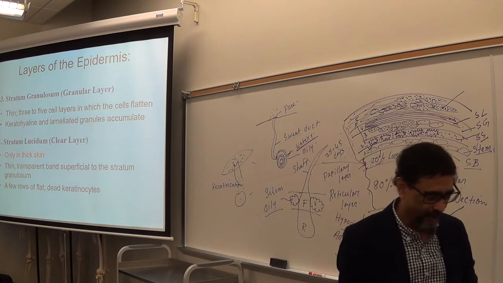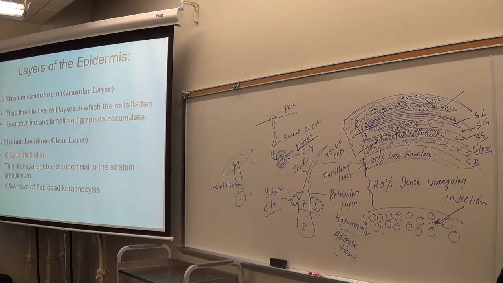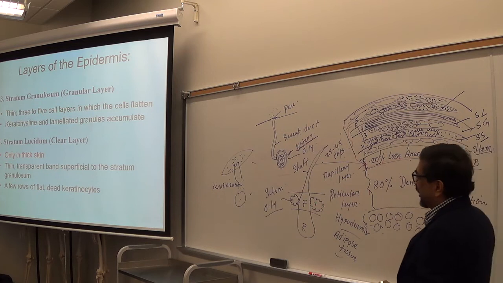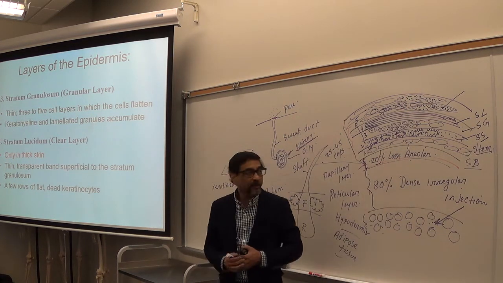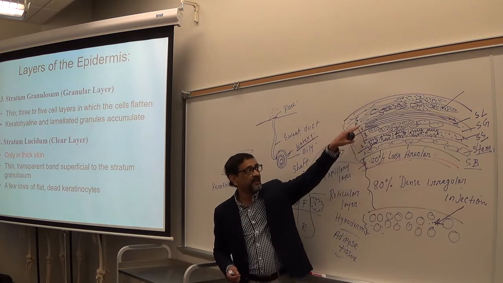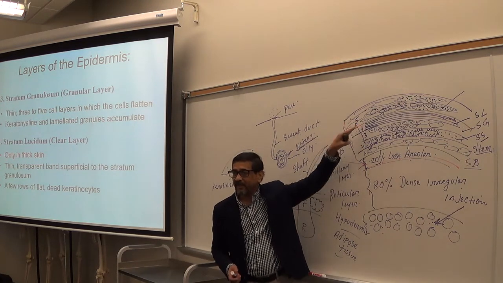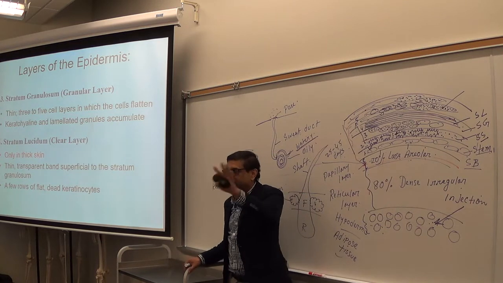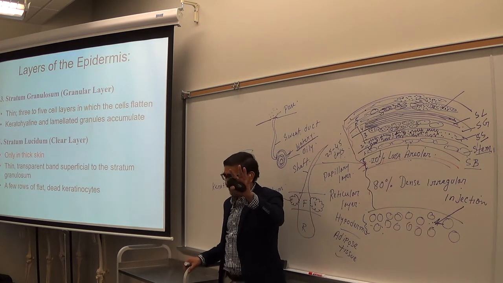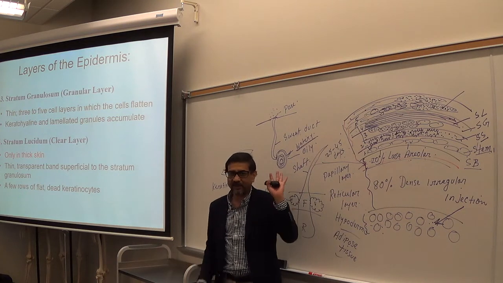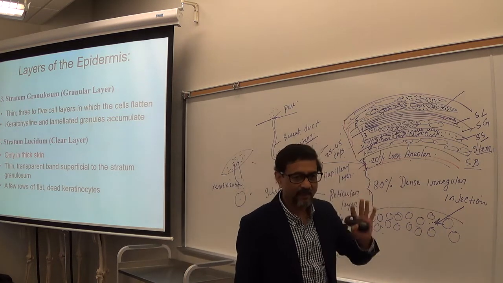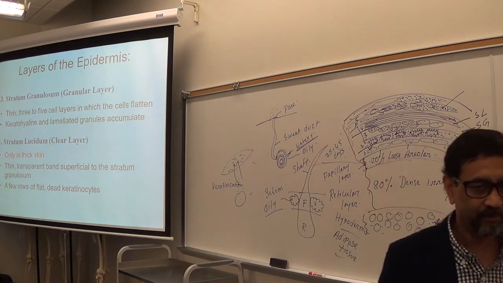Okay, transparent. Lucidum. Only present in thick skin. But remember, although this layer is only present in thick skin, absent in thin skin, the thickness of thick skin is not given by this layer. It has nothing to do with the thickness. Make sense?